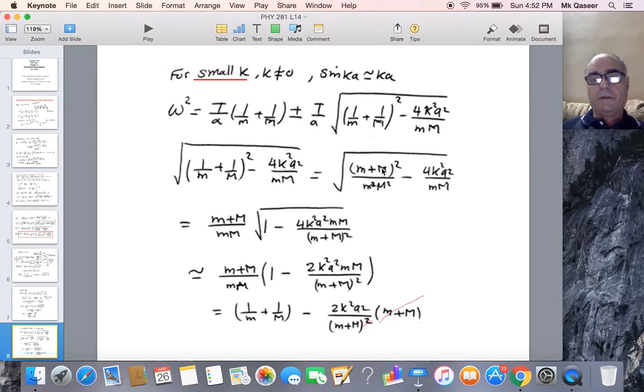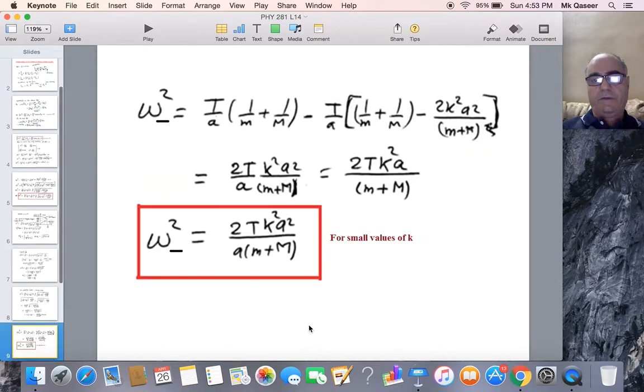So we get this expression. Simplifying this, we get this. Finally, for the lower branch, we get this value. So omega square is proportional to k square, or omega is linear in k for small values of k, and that's for the acoustic branch.